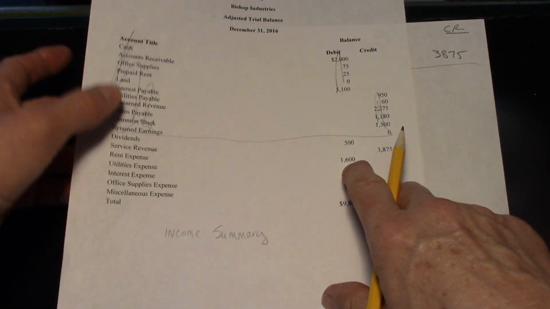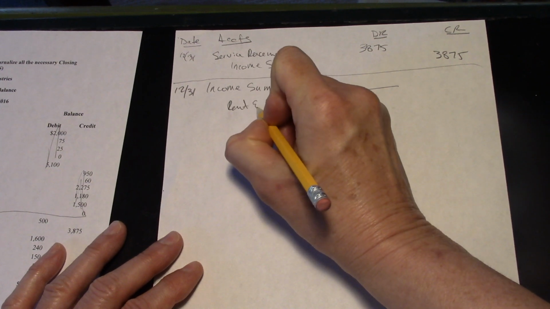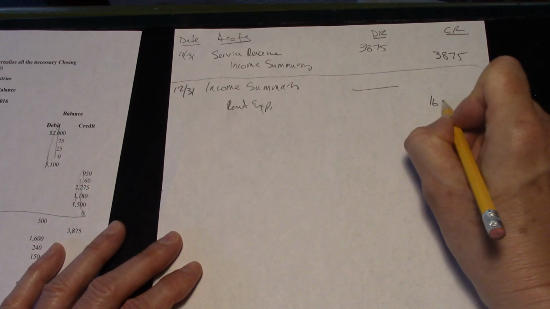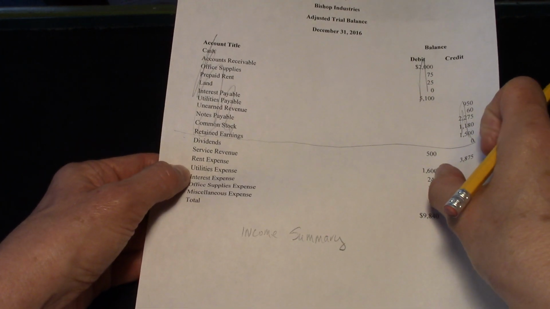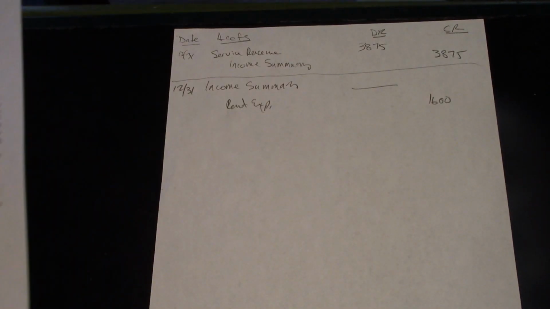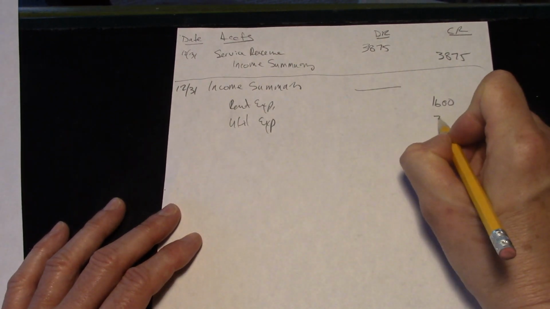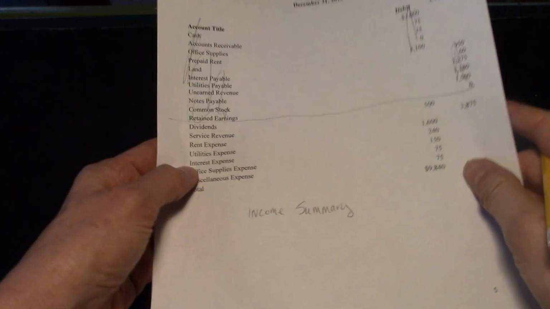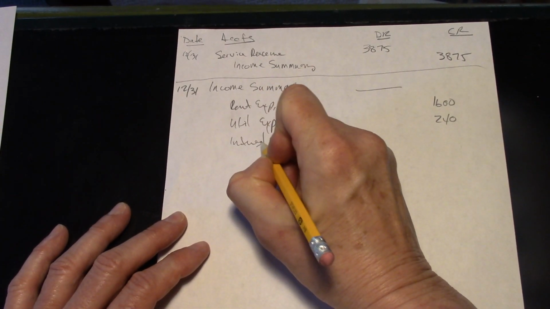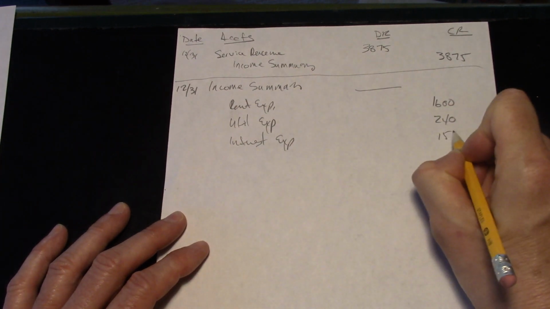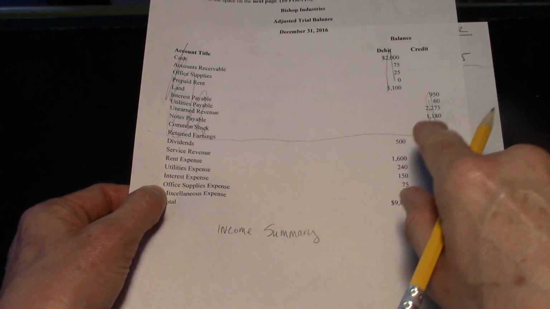Rent expense needs a $1,600 credit. Utilities expense needs a $240 credit. And what else? Interest, $150. I'm crediting them all because they right now have debit balances.